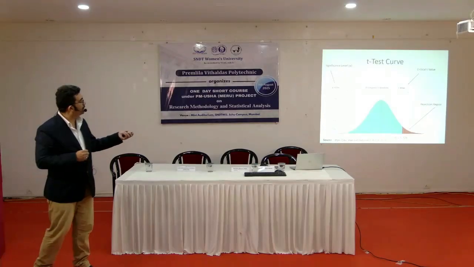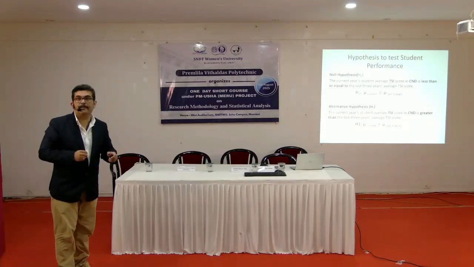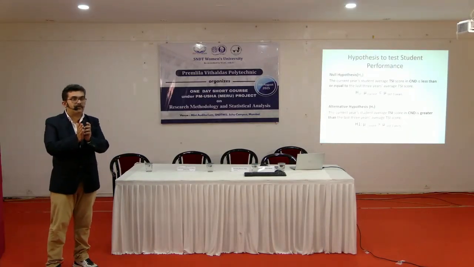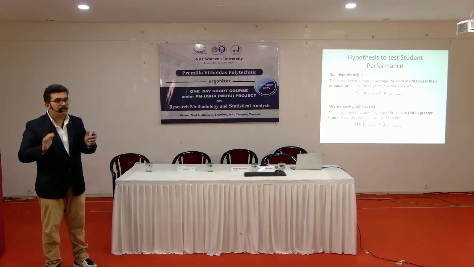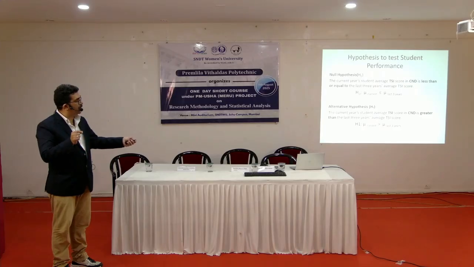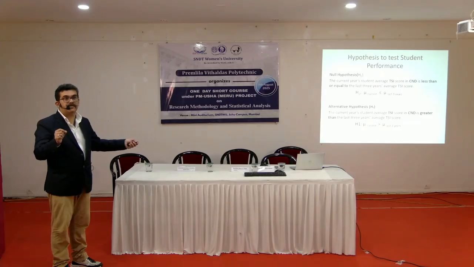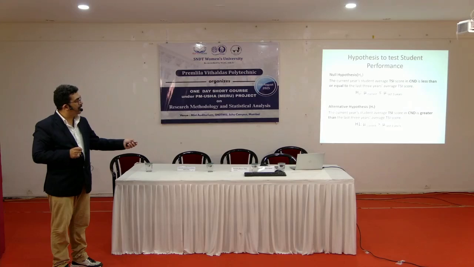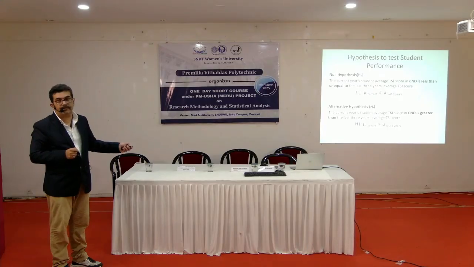Now let's see. This is my hypothesis. I told you I am comparing the performance of my students with Maharashtra state students, right? So the null hypothesis is that the current year student average TSI, theory score index, of the CND subject is less than or equal to the last 3 years average TSI score.